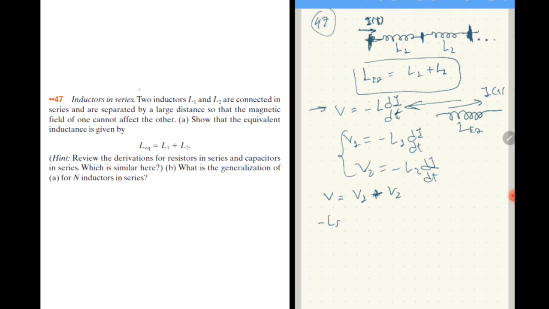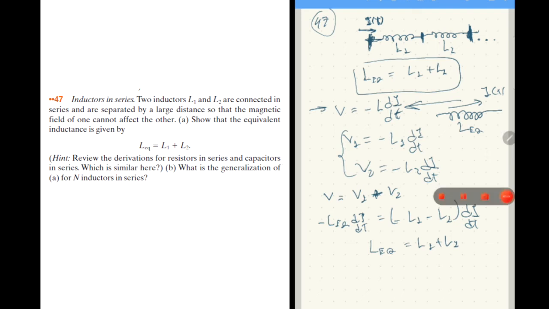Negative of the equivalent inductance times the derivative of the current with respect to the time equals minus L1 minus L2. Actually we have the same current here, so we take out the derivative of the current, and we finally get L1 plus L2. So this is the expression for the equivalent inductance for two inductors connected in series.